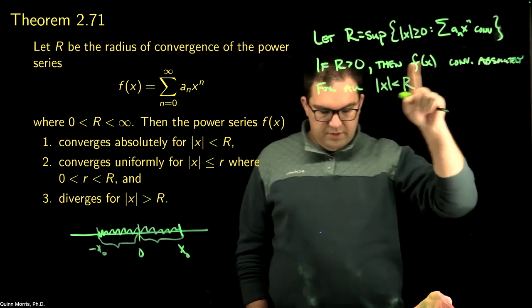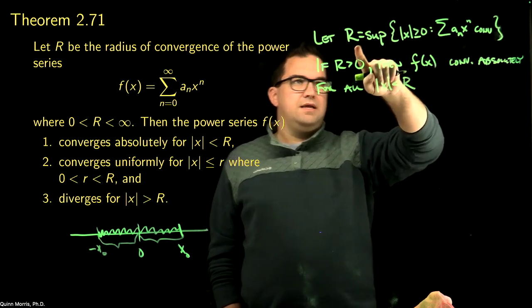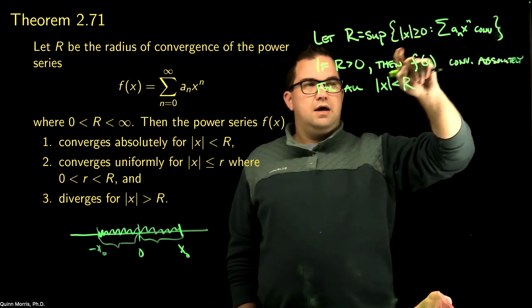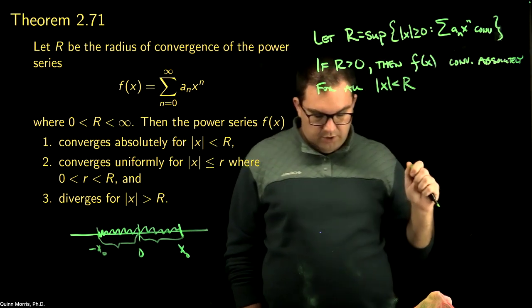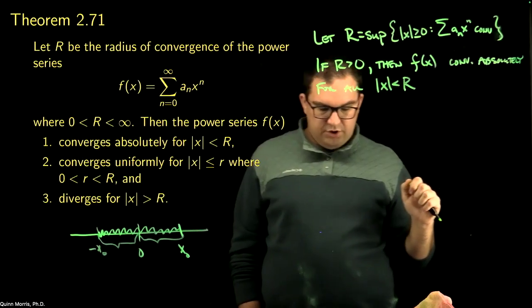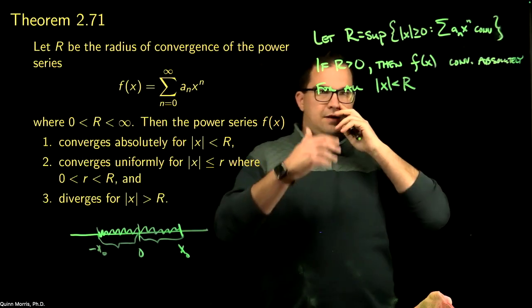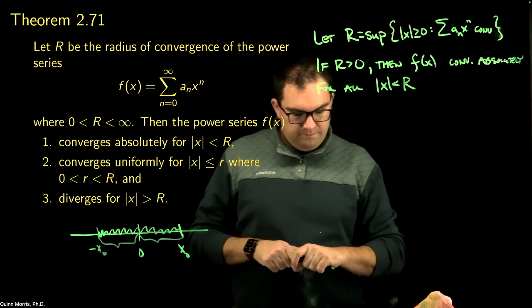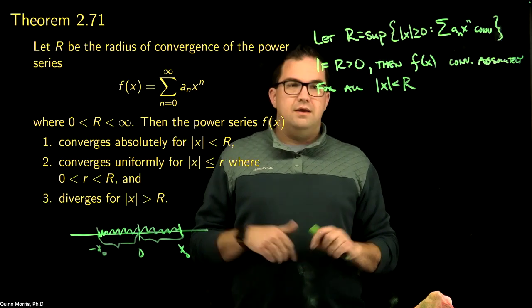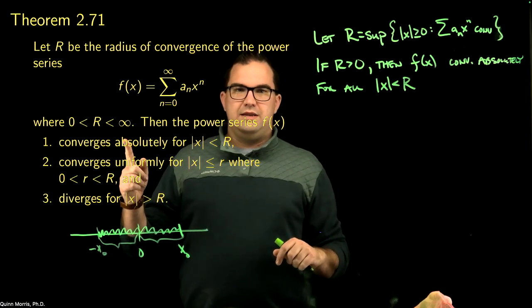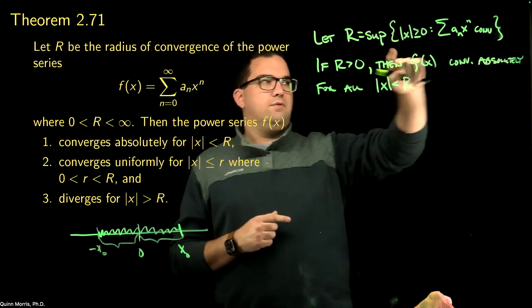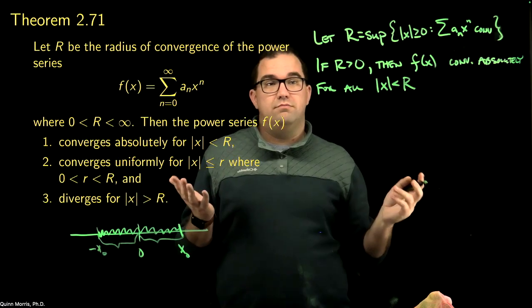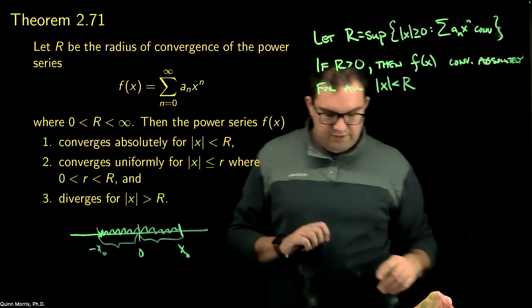And again, that's just coming from the definition, because this would mean that it converges for some x naught as close as I would like to R. And essentially, I can make the argument that it must work for every x that's strictly less than R. Okay. All right. Again, if R happened to be equal to infinity, that would just mean what? It would mean it converges for every x value. Okay. We would just say the radius of convergence is infinite.